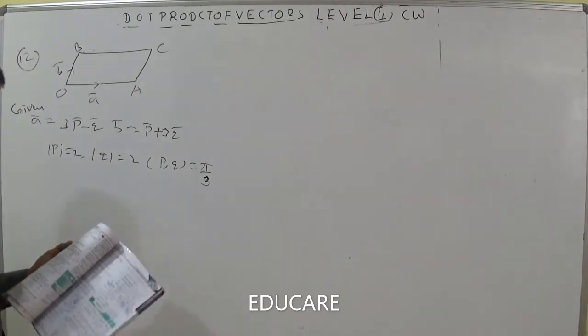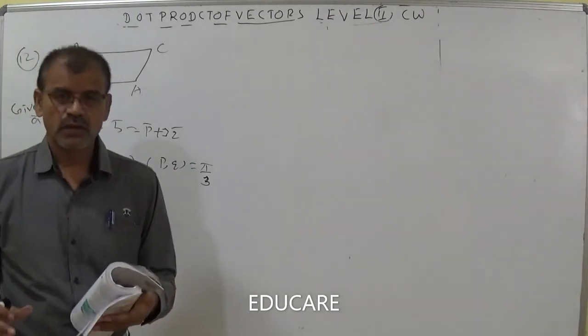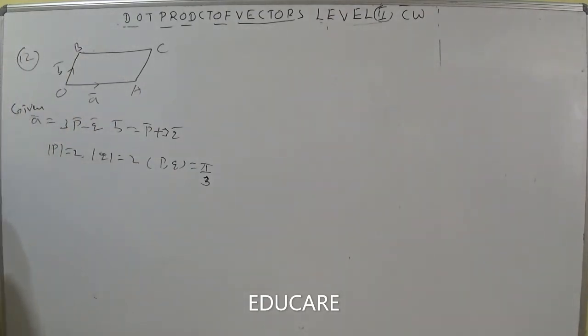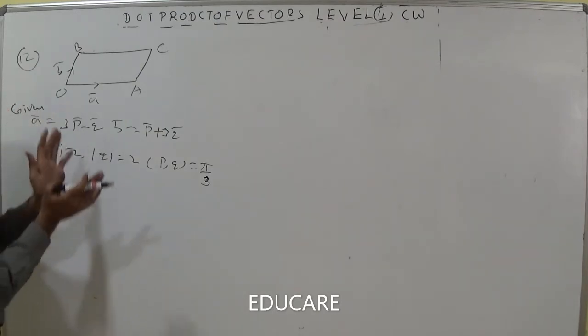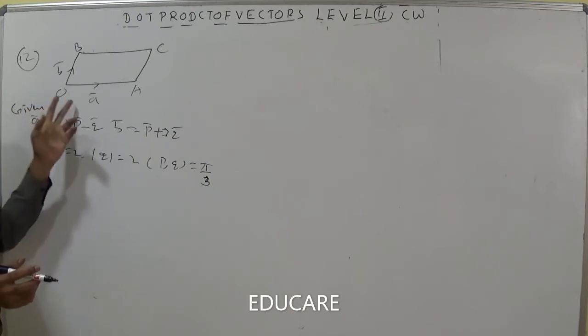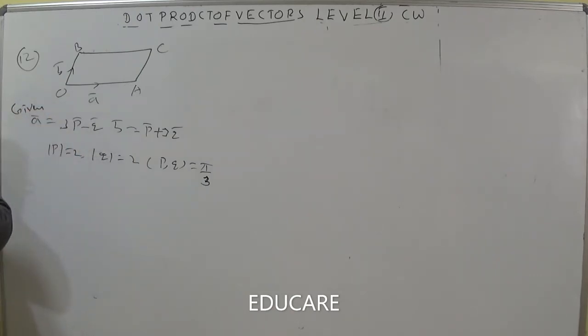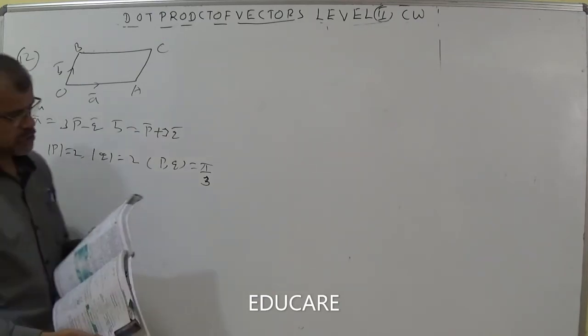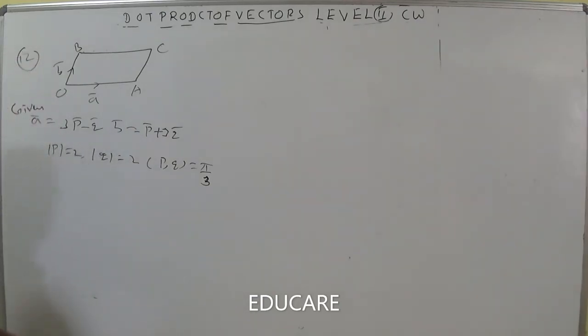Then the ratio of lengths of sides. In a parallelogram we know that two sides are opposite and equal. Now we should calculate OA and OB.